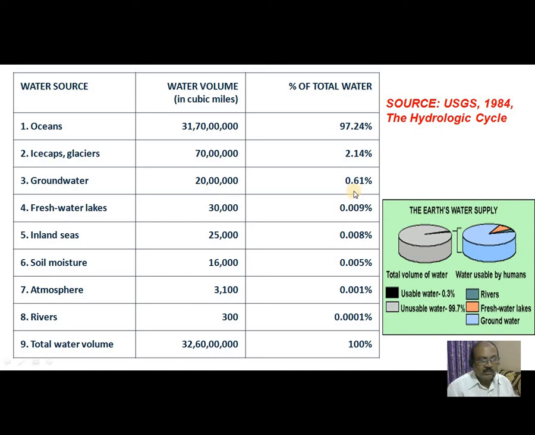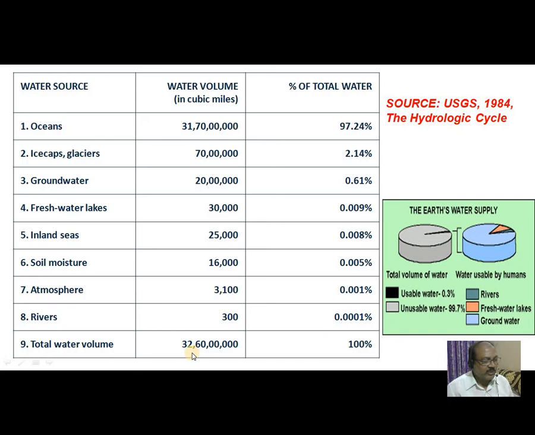0.61% is freshwater lakes, 30,000 cubic miles as water volume, and 0.009% of total water, whereas 0.008% is inland seas, 0.005% is soil moisture, 0.001% is atmosphere, and rivers contribute 0.0001%.